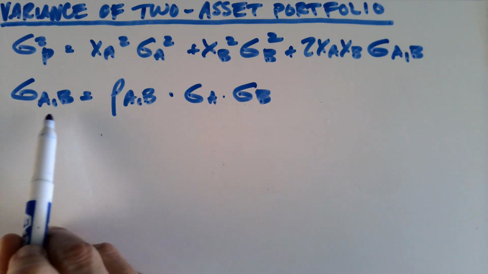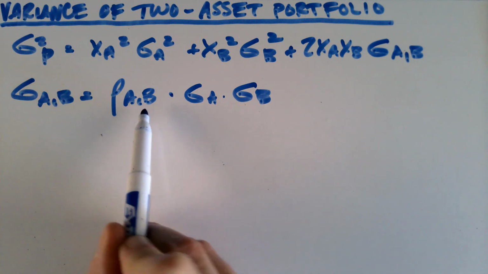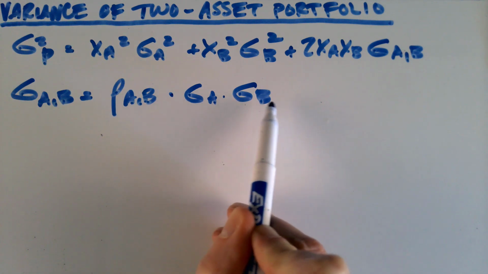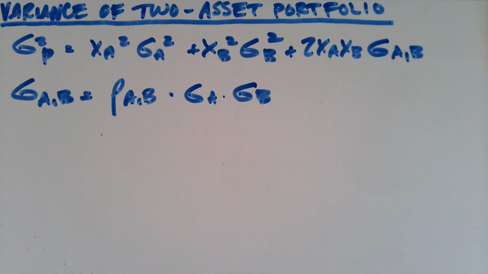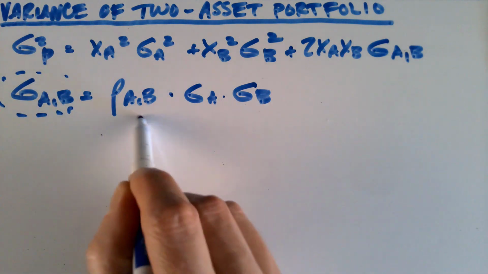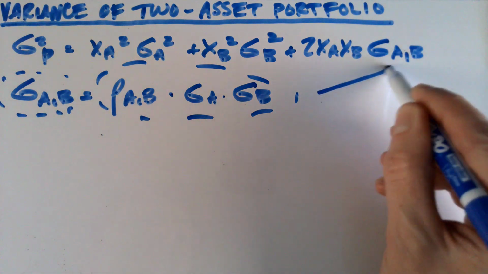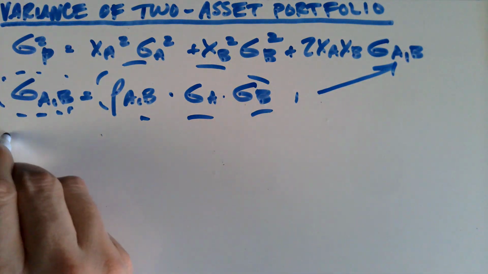Remember earlier we said that the covariance of A with B was equal to the correlation of A with B times the standard deviation of A times the standard deviation of B. So all we have to do is substitute in this piece wherever we see this. And so we are simply going to drop that in.